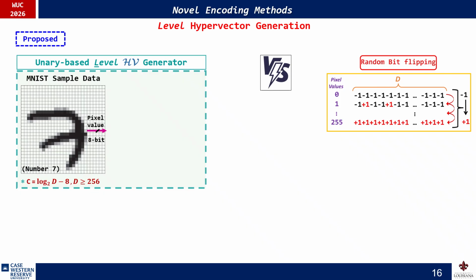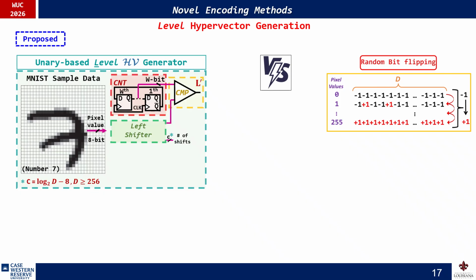What we propose in this work is the unary-based level hypervector generation. Using a similar structure, we have a counter and a comparator for any value. Here we are optimizing it with left shifters for each different pixel value. In this case, the closer pixels have closer alignment of the ones, but for distant values, there will be higher differences.